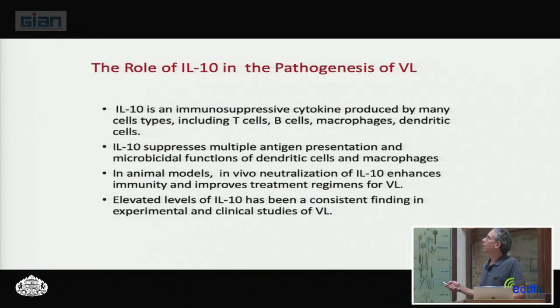The role of IL-10 in the pathogenesis of visceral leishmaniasis is quite well accepted now. IL-10 is an immunosuppressive cytokine. It was described in the early 1990s. And it's produced by many cell types, including T cells, B cells, macrophages, dendritic cells.